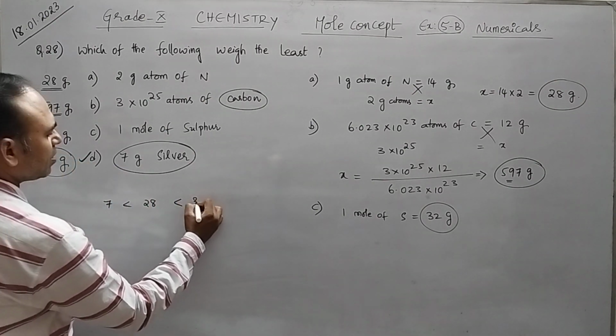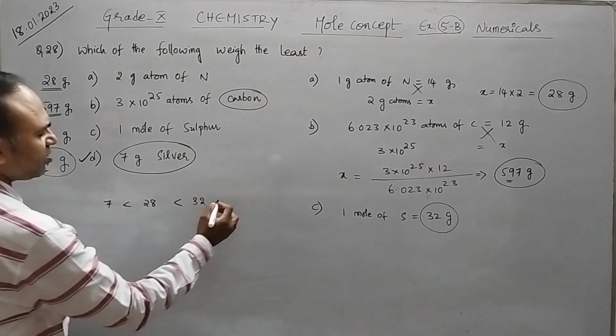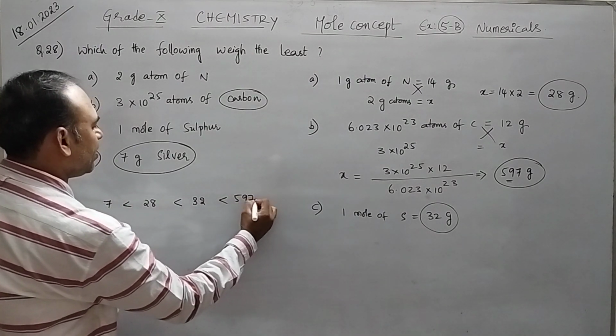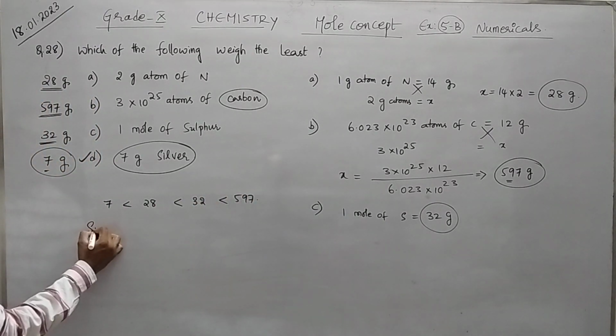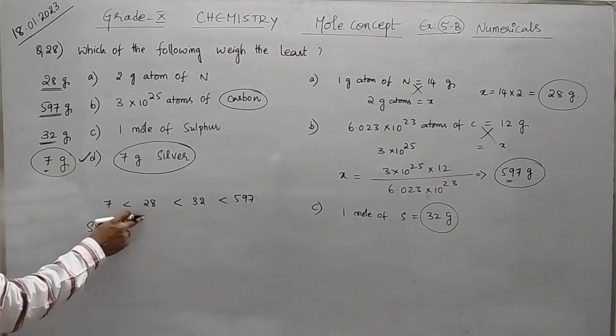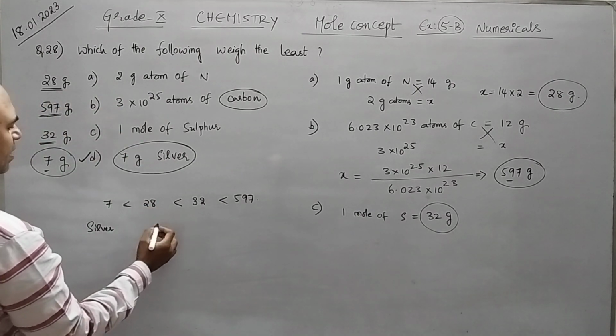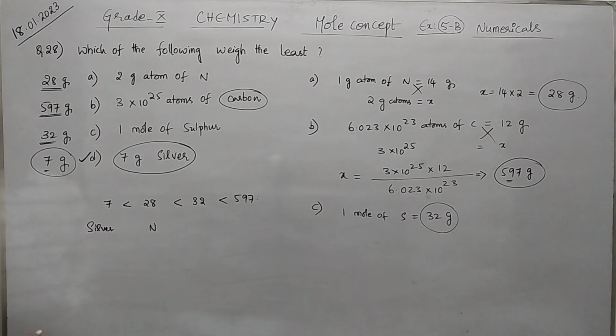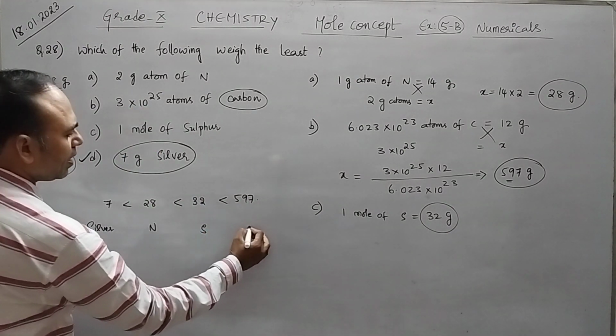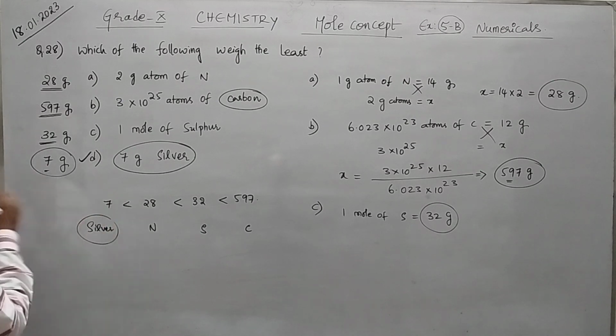Next comes 32. And next 597. So here it is silver. So where you got 28, that is nothing but nitrogen, and 32 it is 1 mole sulfur, and 597 it is carbon. So answer is 7 grams silver. Hope you have understood this.